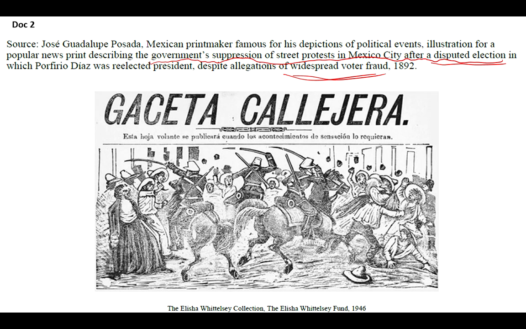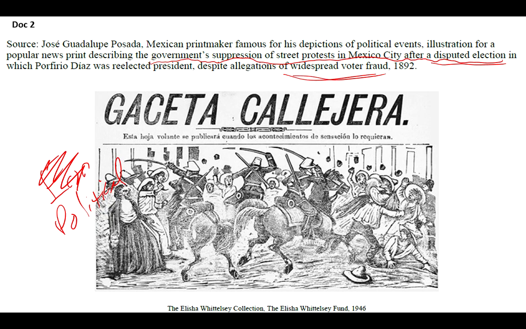Okay, so we've got the cops beating up on innocent people. All right, so does this support a political cause, or does it support an economic cause? I would say this is more economic. I'm sorry, political. Political cause. Okay, I would say this is not an economic cause of the Mexican Revolution.